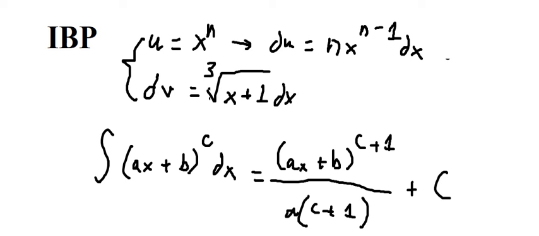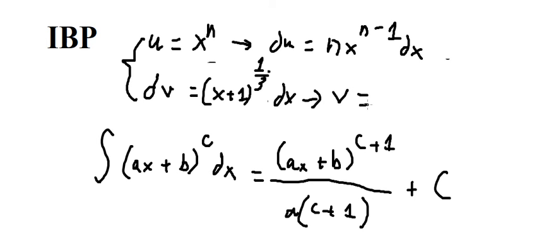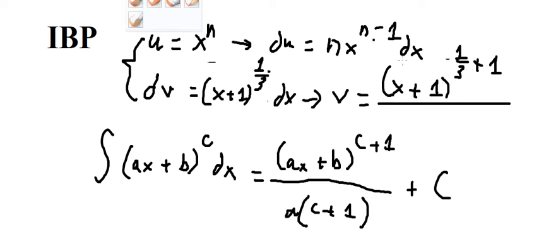The root we can change into s plus 1 to the power of 1 over 3. So the integration of this one, we have s plus 1 to the power of 1 over 3 plus 1, over 1 over 3 plus 1. So this one we have 4 over 3.